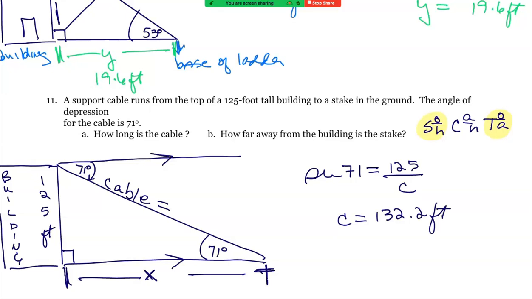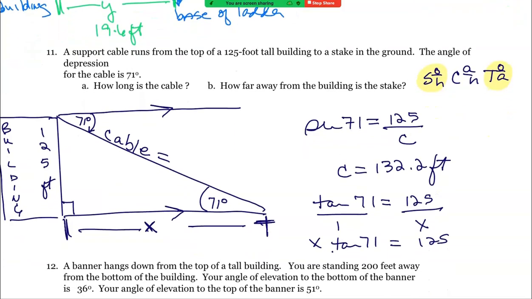Moving to the next one, I want to find out the x. So that's going to be my tan. So the tan of 71 equals opposite, which is 125, over the x. Again, cross products. Isolate your x, divide both sides by tan 71, and you're going to get an x value of 43.